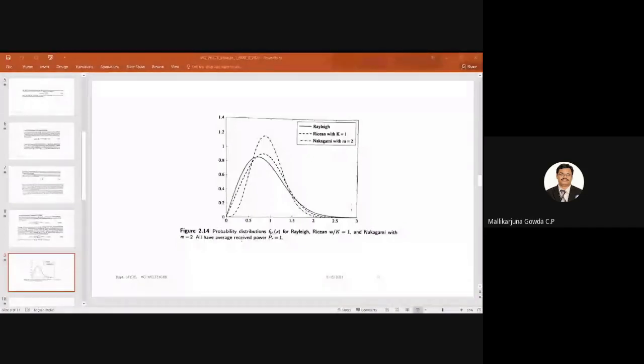Then the Ricean distribution with k equal to 1 is this one, and this one is the Nakagami for m equal to 2. I think this will resemble the Gaussian pulse. Are you aware of what the Gaussian pulse is? How does it look?